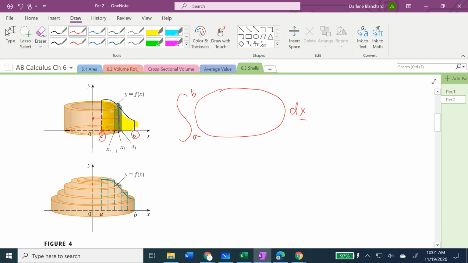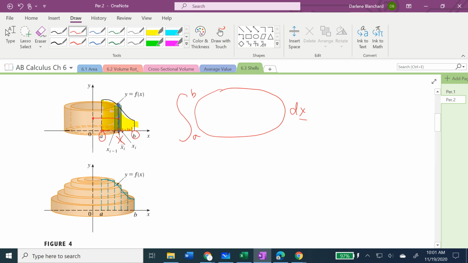Tick, tick, tick. Plug it in, add. Plug it in, add. So as you are moving along the x-axis, the actual location of that rectangle is the x variable of the integral, whatever x variable it's on at that particular moment.